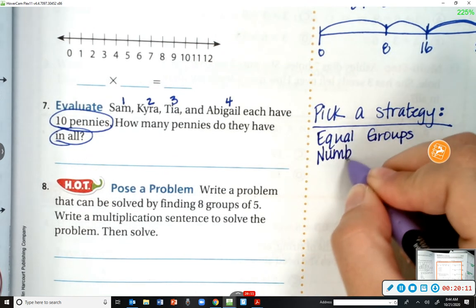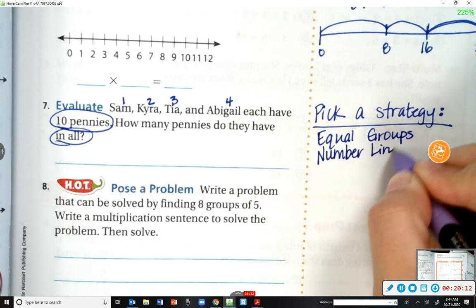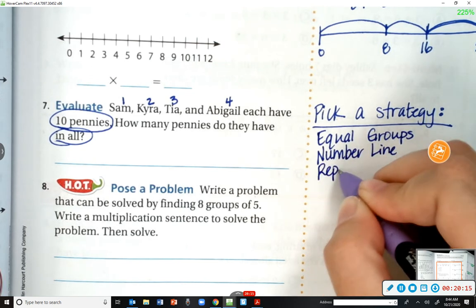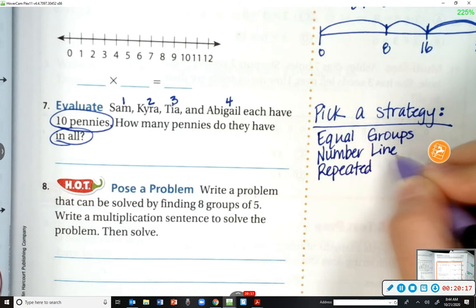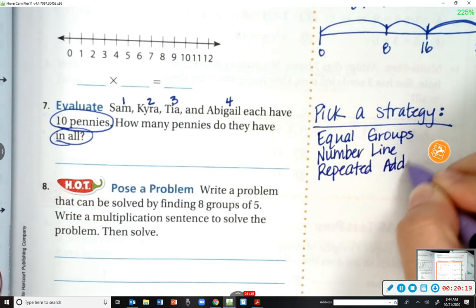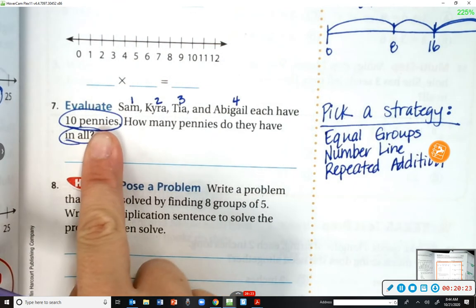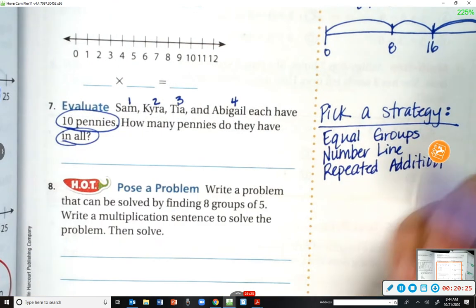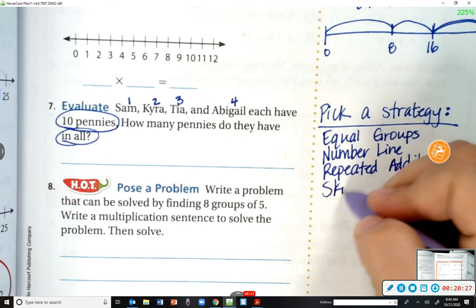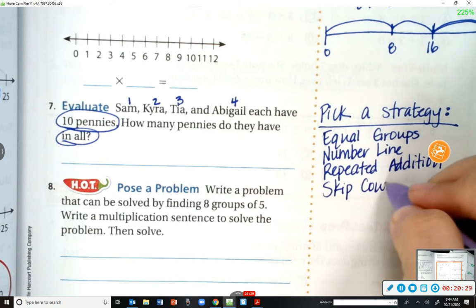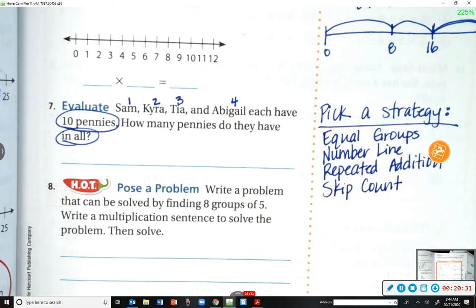Yes, or repeated addition. Or your times. If I have a 10 in there, can I skip count by tens? Yes. Skip counting. 10, 20, 30, 40. Okay, so pick a strategy and show your work.